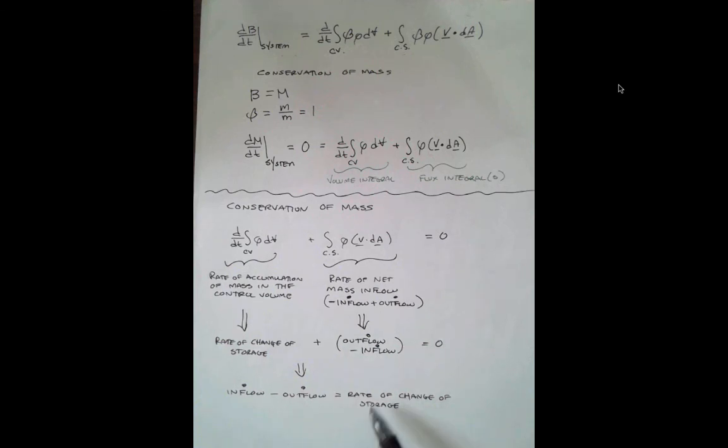So you can think of the storage element as your savings account. If what comes in is bigger than what goes out on a monthly time level, say, then your savings account gets bigger and bigger. If what comes in is smaller than what goes out, then whatever savings you have gets smaller and smaller and smaller. So that concludes the introduction to the Reynolds transport theorem.